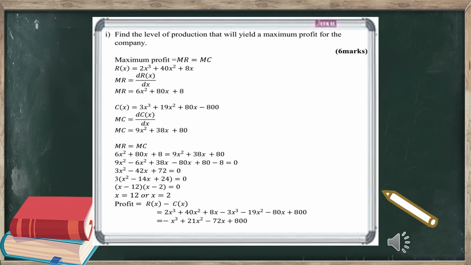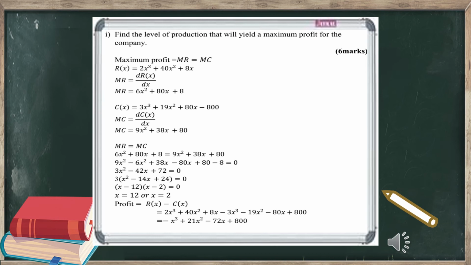So we got 3x squared minus 42x plus 72 equal to 0. So we do the calculation, and then we get the final answer for x: x equal to 12 or x equal to 2.